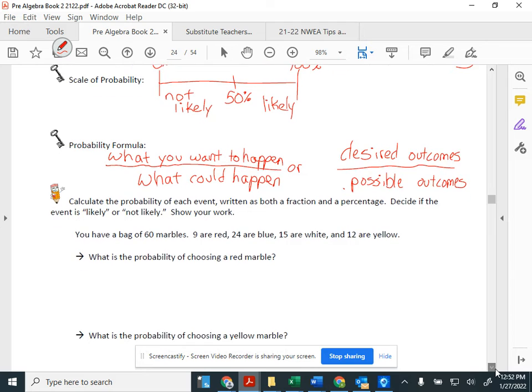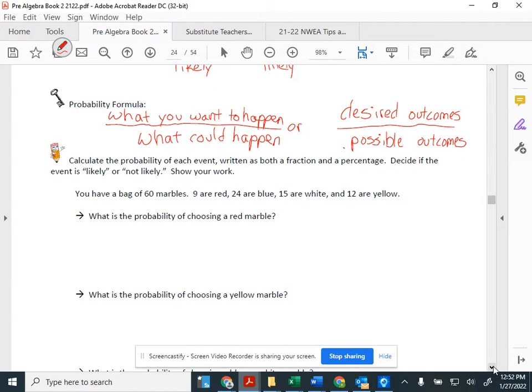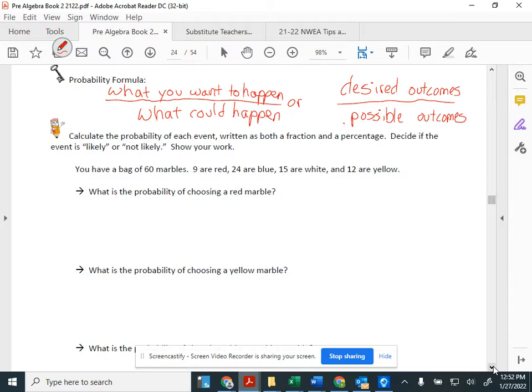Then we're going to decide, is it likely to happen or not likely? If it's between 0 and 50%, not likely, 50% to 100%, likely. So I shouldn't say between 0 to 50, it should be 0 to 49%, not likely. 50 to 100% is likely to happen.